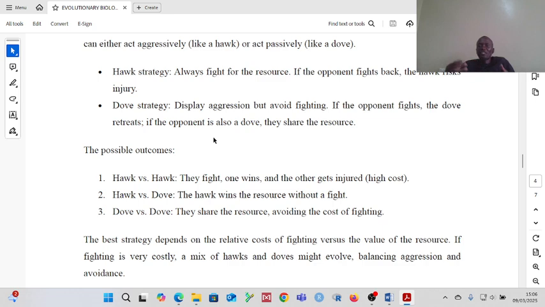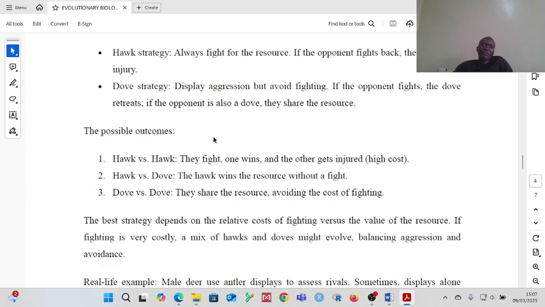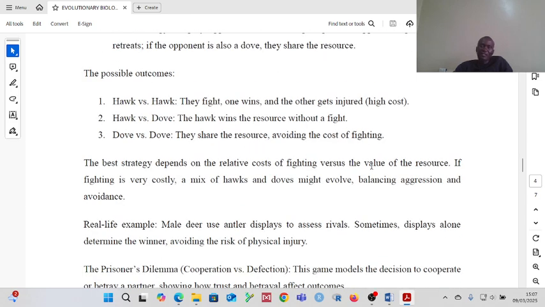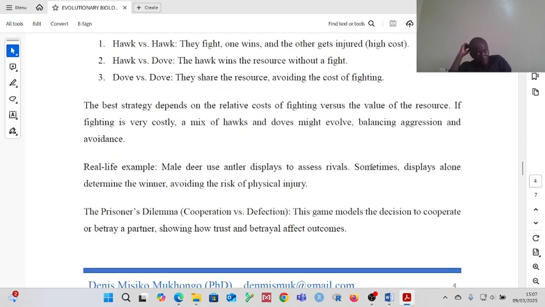You don't want to fight all the time, but equally, you don't want to be losing out on the resource just because you are not fighting. So it's a very delicate balance where you have now to decide whether to fight for the resource and not get it, or to fight for the resource and possibly get injured and get the resource in return.